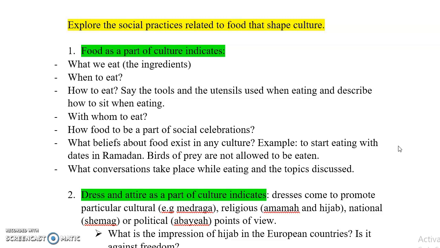Is it fine to talk about something regarding National Geographic, like if we're talking about snakes or crocodiles, is it fine to talk about insects while we are eating, or is it not allowed, or not acceptable? So we have to think about all of these questions once we want to talk about the social practices regarding food.